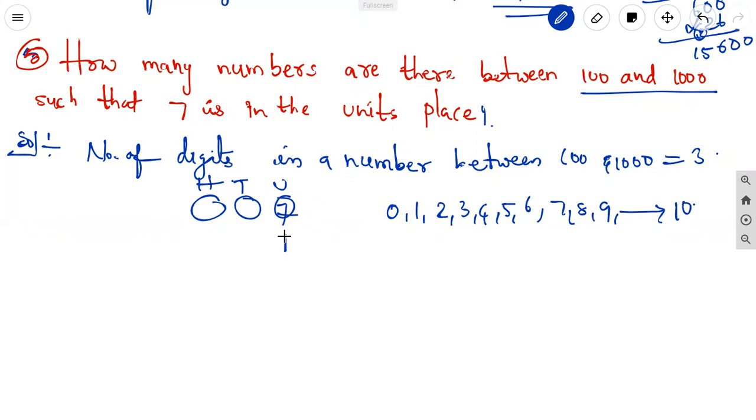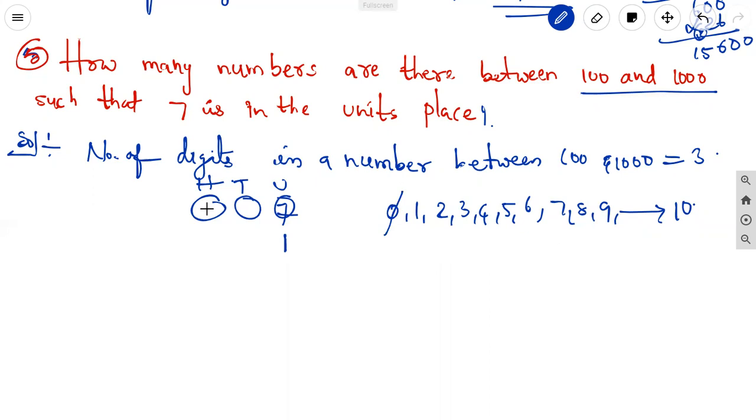In this, they didn't say without repetition. If they mentioned without repetition, then we cannot use the same digit. If they didn't, we can use repetition. Here there are 10 digits, but 0 cannot be written in the hundreds place, because then it becomes a 2-digit number.